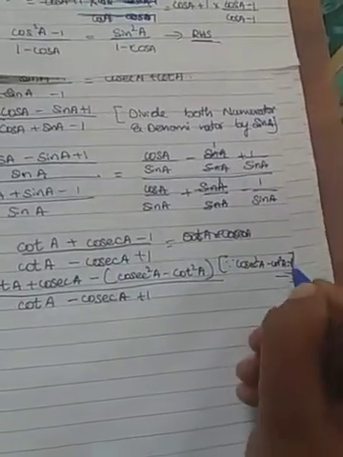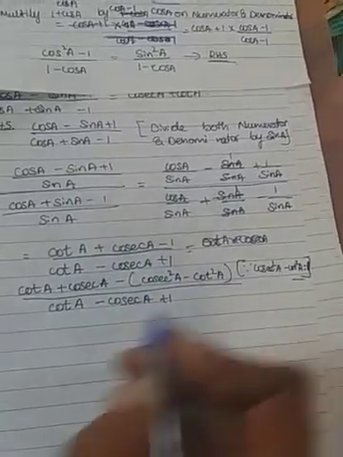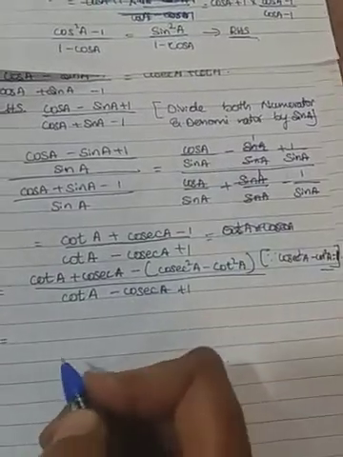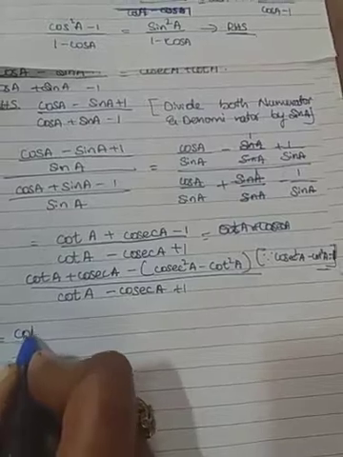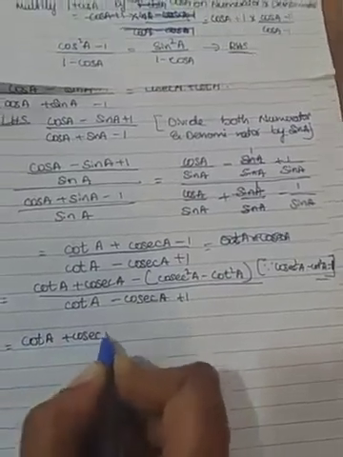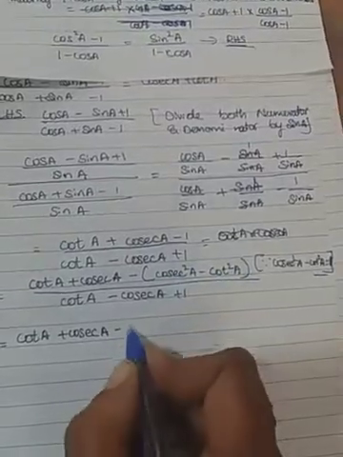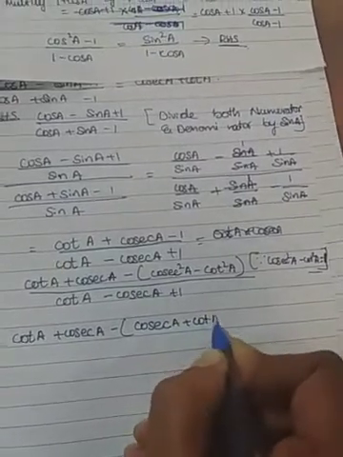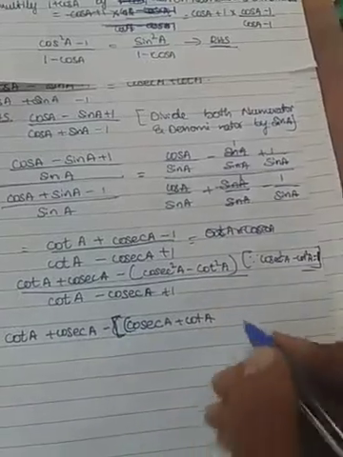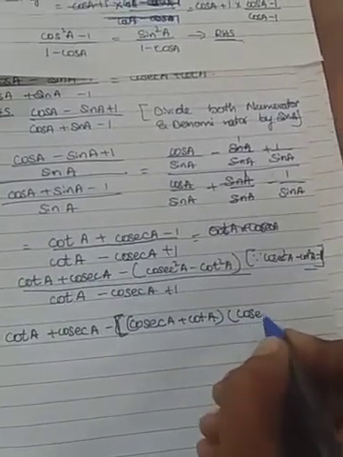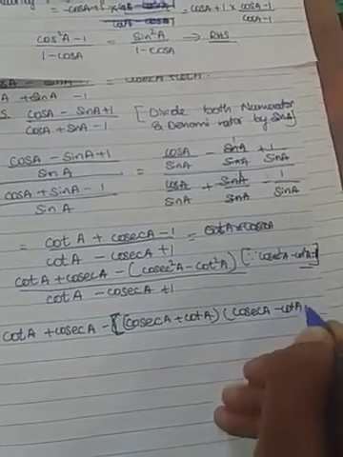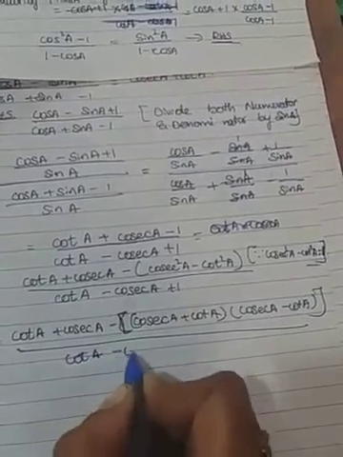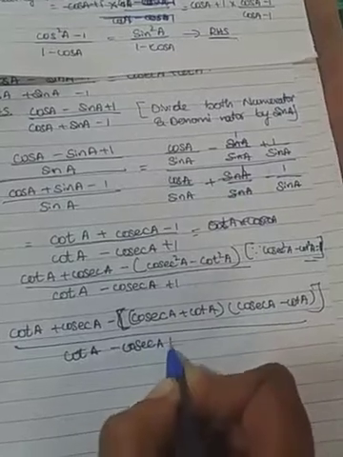So if we take the common factor cot A plus cosecant A, this thing is in the form of A square minus B square, which is nothing but A plus B into A minus B. So we write cot A plus cosecant A, minus, in big brackets, cosecant A plus cot A into cosecant A minus cot A. The denominator you should write the same, cot A minus cosecant A plus 1.